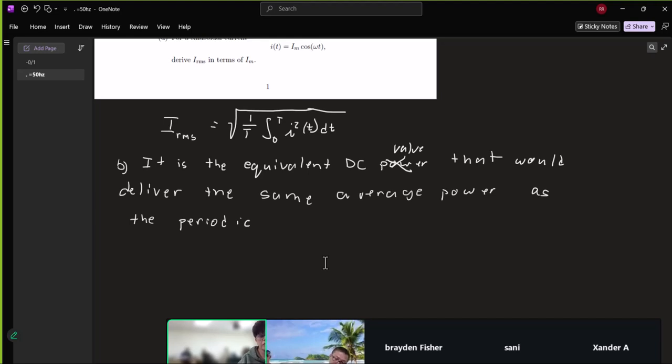So here it would be the equivalent DC current. The equivalent DC value that would deliver the same average power as the periodic value.